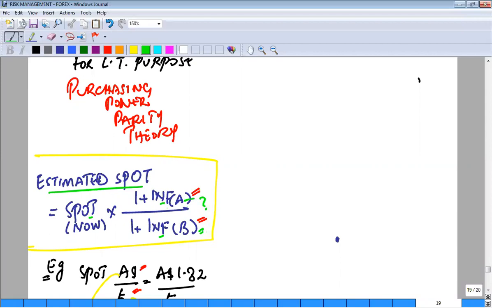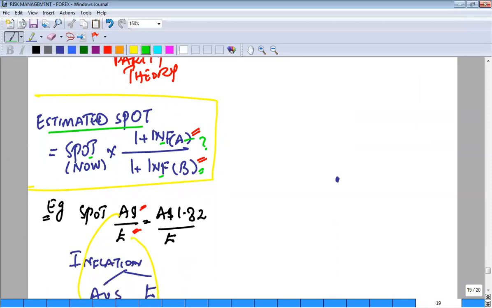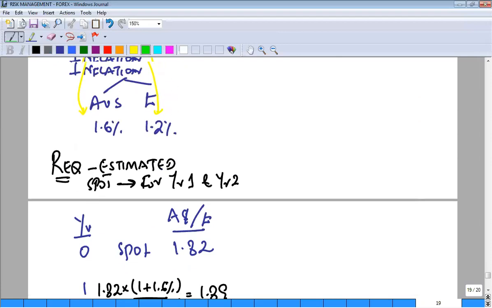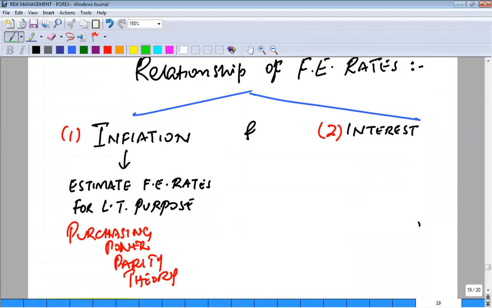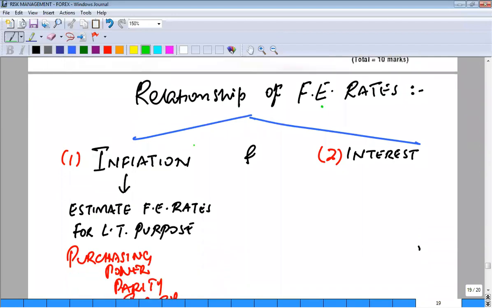That means identifying different variables, but principally I have set this example. This is the relationship of foreign exchange rates with inflation.